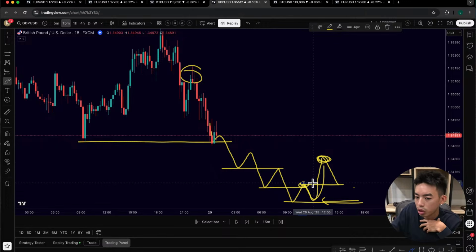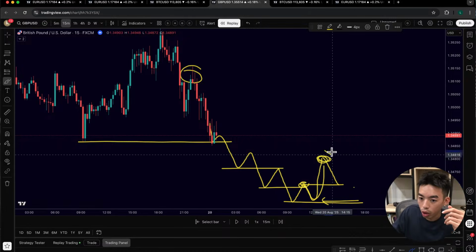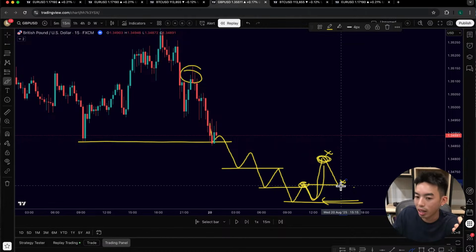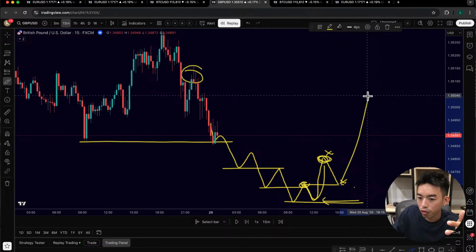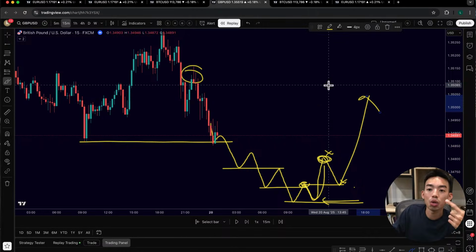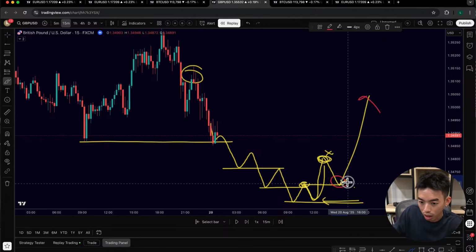I am potentially trapped as well because I am also in the sell position here. Where's the best spot for me to get out? The best spot for you to get out is not going to be here anymore. The best spot would be here, because now you understand that this is a spot where a lot of other sellers are also trapped and the buys could propel from this area. So now this is going to help with your exit strategy, getting out at this spot right here.